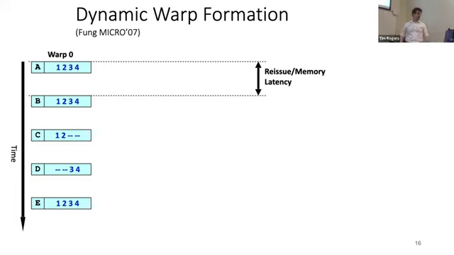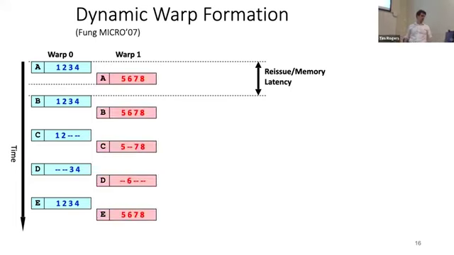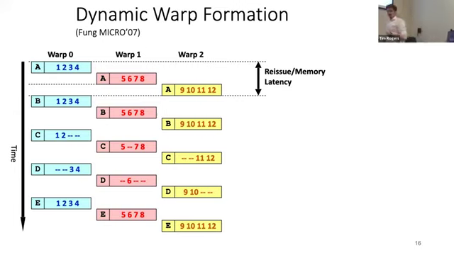Okay, the basic way this works in a baseline case: let's say we have a simple GPU with a 3-cycle latency before we can issue the next instruction in a particular warp. As we've alluded to before, the way we cover these latencies is not to issue the next instruction if there's a dependency, but to issue an instruction from a different warp.